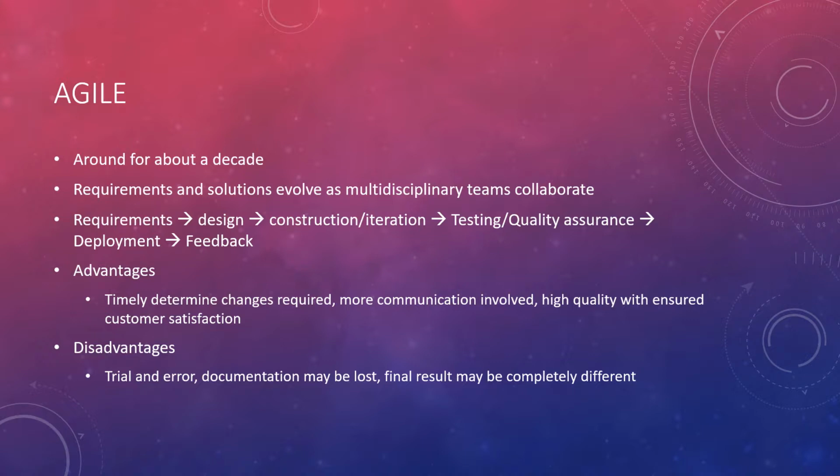And I've listed the steps here: requirements, design, construction, iteration, testing, quality assurance, deployment, and feedback. And so it looks kind of similar to Waterfall, but this one actually has iterations where you can group the processes and then move on to the next one. So like, let's say requirements and design were grouped together, and then the teams respectively work on those projects together, and then they move on to the next one.